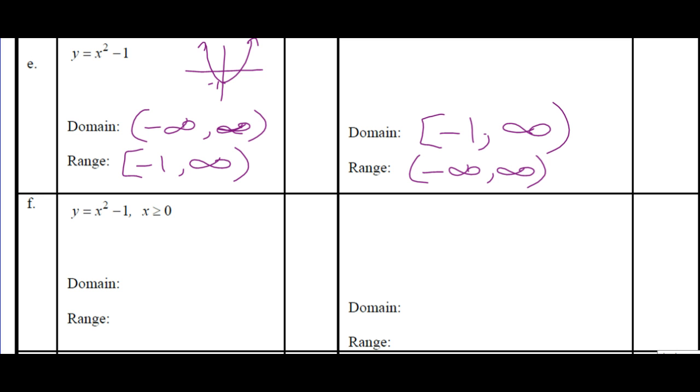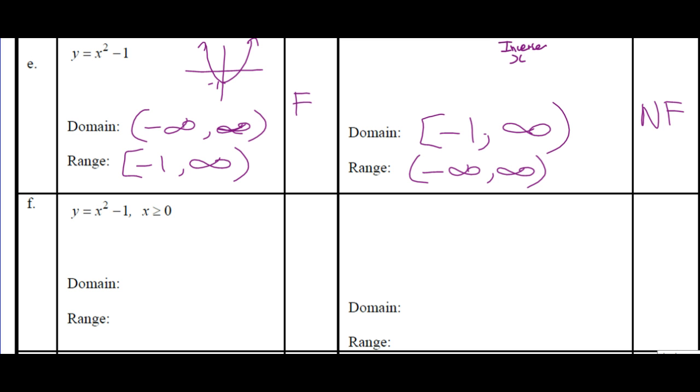Is the original a function? Yeah. Is the inverse a function? No. And what did it say? It said for E to K or something, we're supposed to write the inverse as y equals. Okay, so I want to do the inverse.